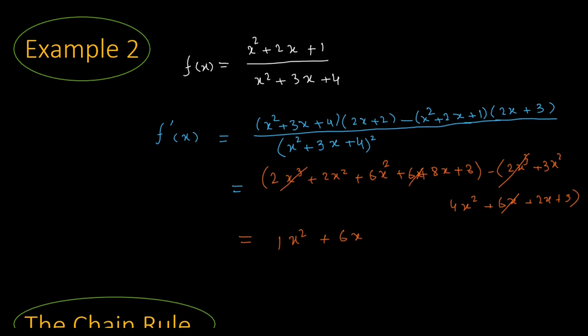And now 8 minus 3 is 5. So this is the way how to find the derivative for the quotient function.